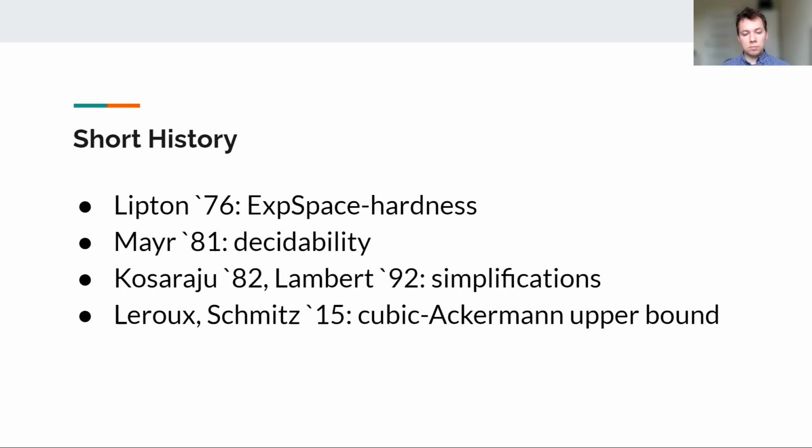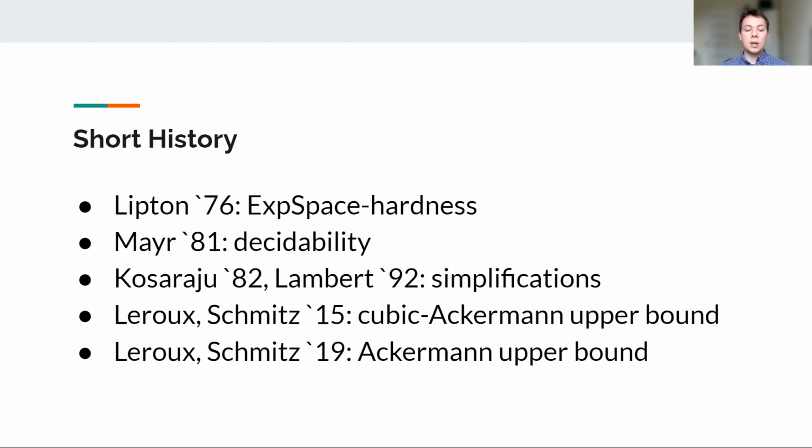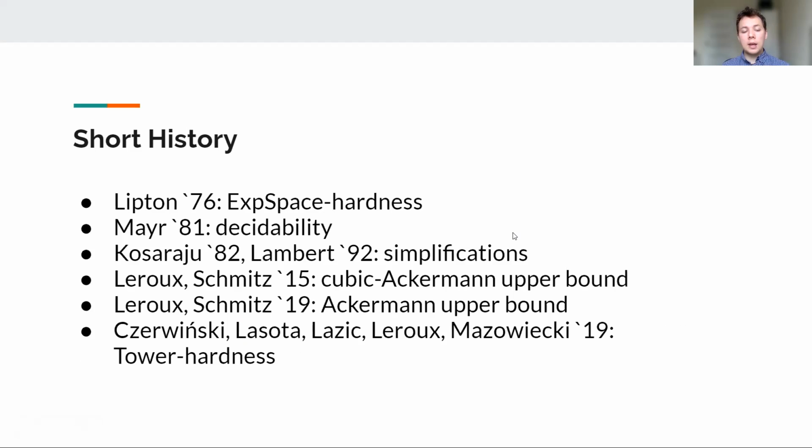Not so long ago, Leroux and Schmitz in 2015 showed a cubic Ackermann upper bound. Then in 2018, Leroux and Schmitz improved their upper bound to Ackermann, but the gap was still huge because the best lower bound was still this ExpSpace hardness result from Lipton.